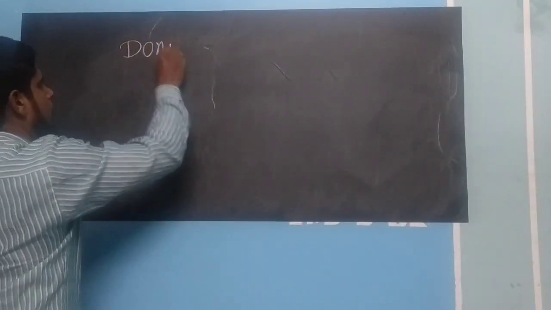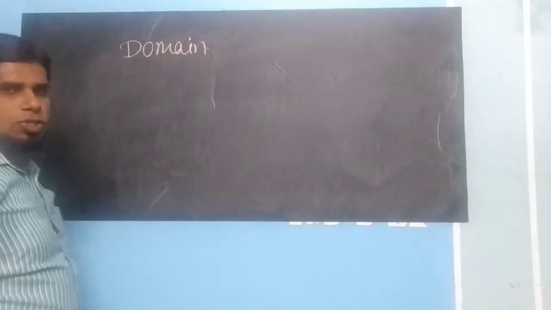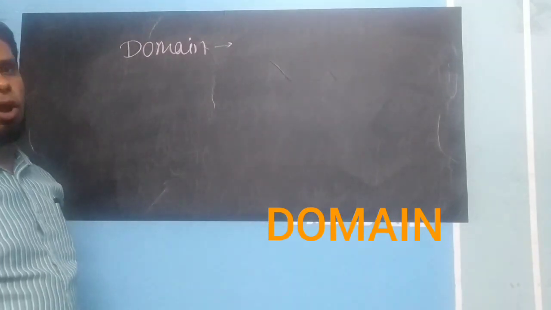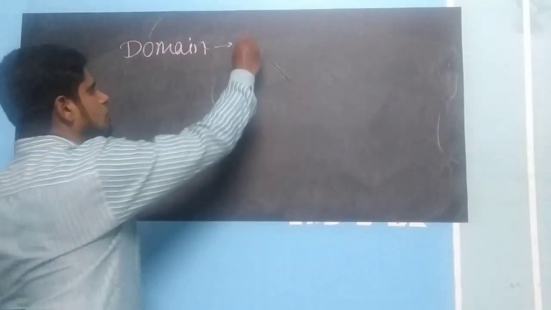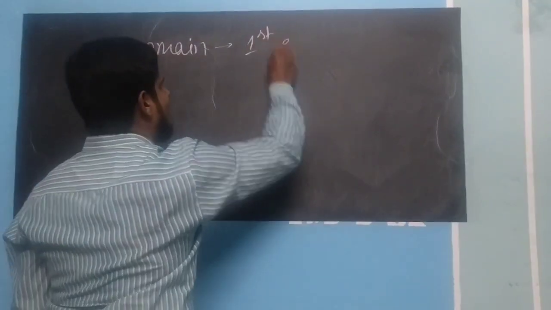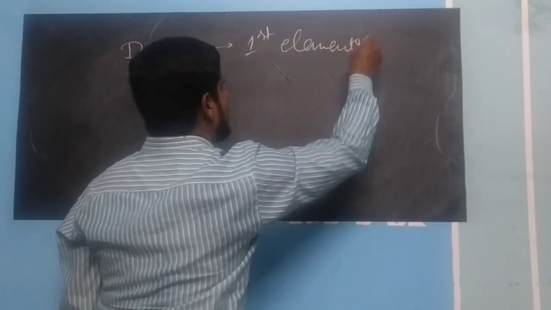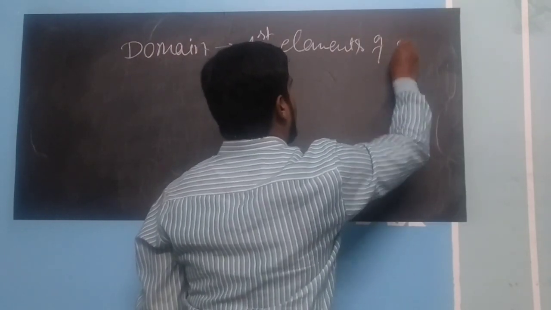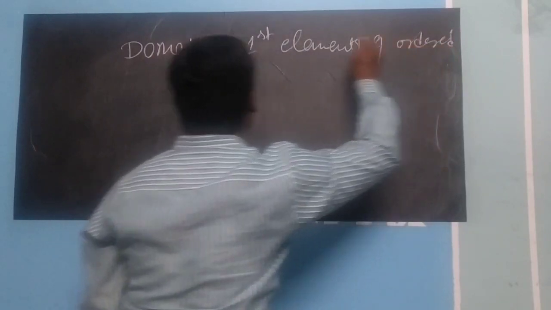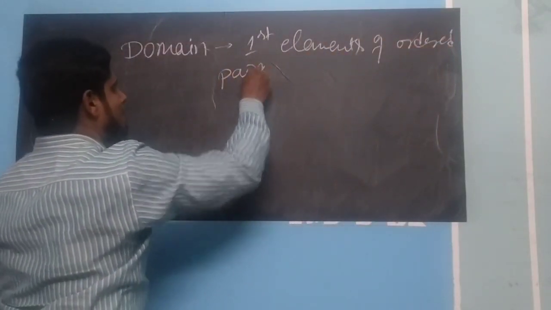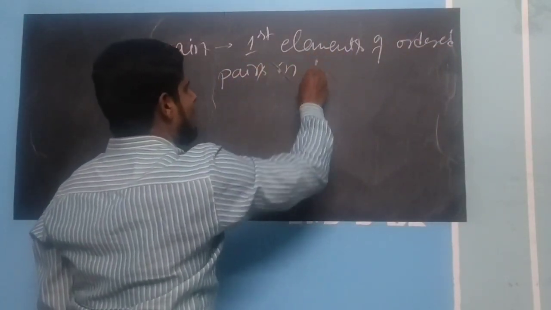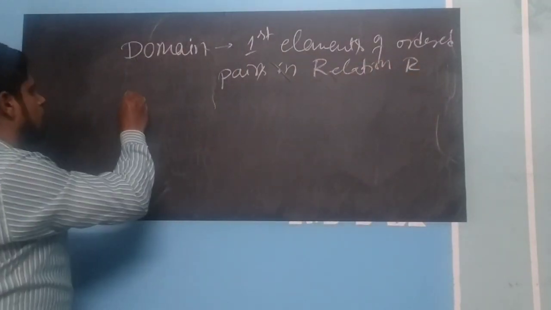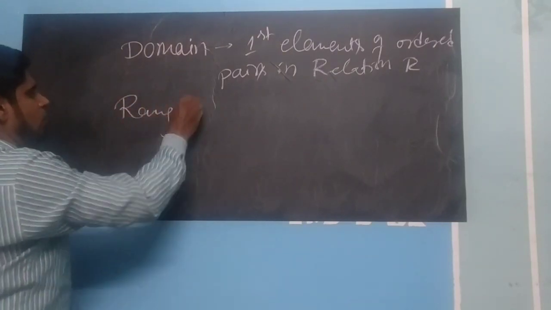Let us discuss domain. What is domain? Domain is the first elements of the ordered pairs in our relation R. What is range?